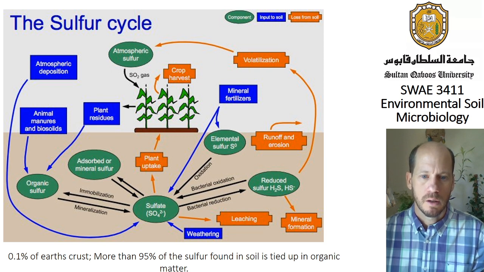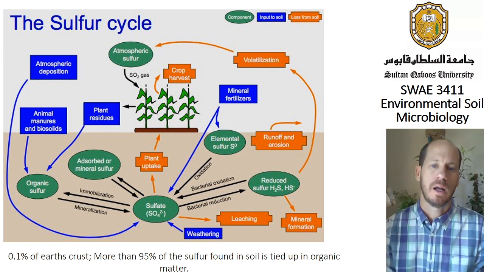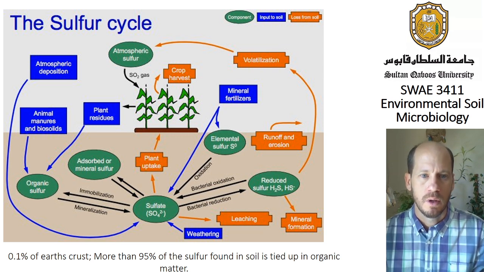The main loss of sulfur from environments is through leaching and erosion, but also we have important emission of volatile compounds of reduced sulfide forms. And one of the other main forms of sulfur loss from soils is through the biomass of crops that we harvest from the fields.